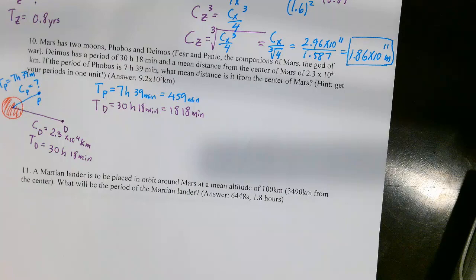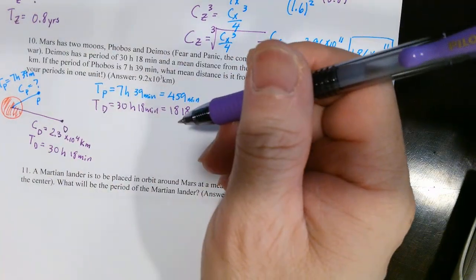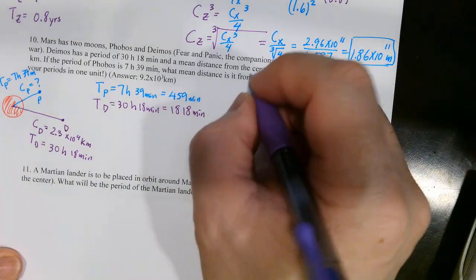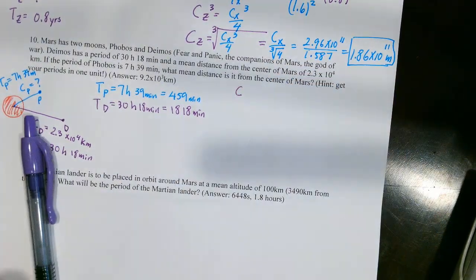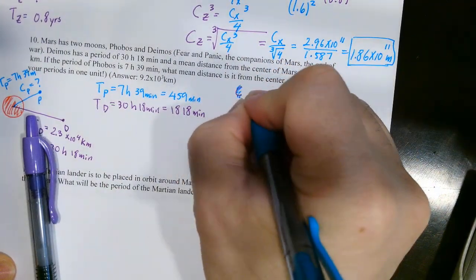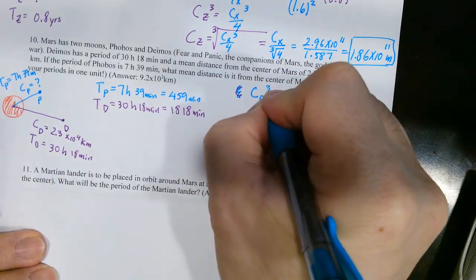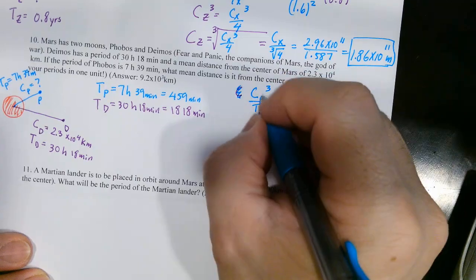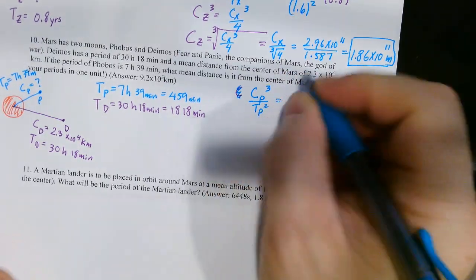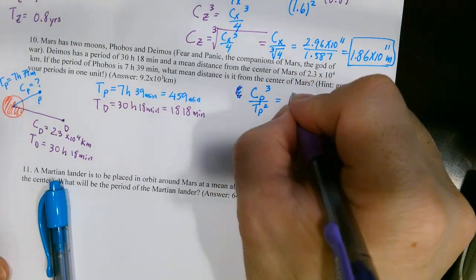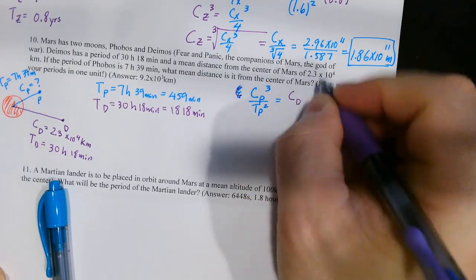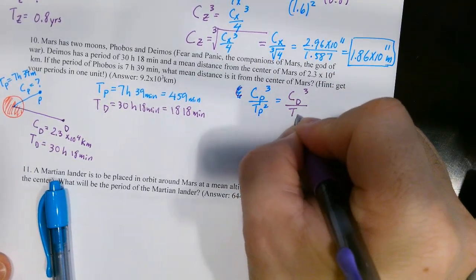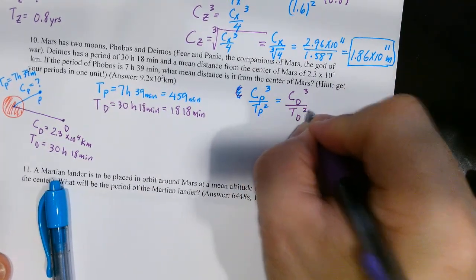Okay. So now we can say, C Phobos cubed over T Phobos squared is equal to C Deimos cubed over T Deimos squared.